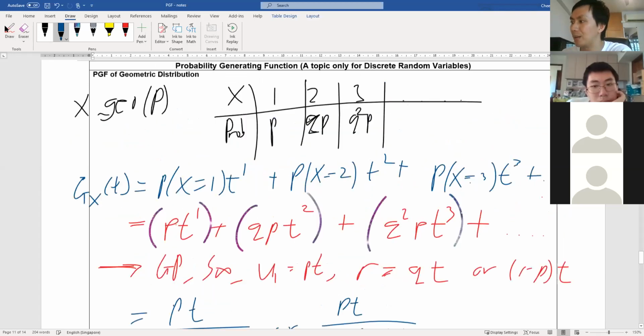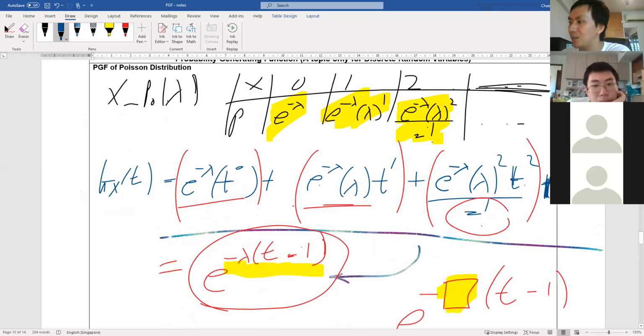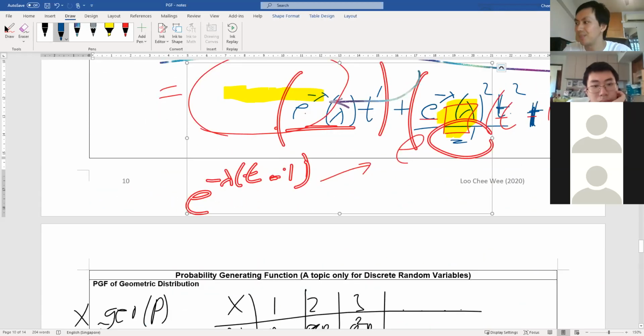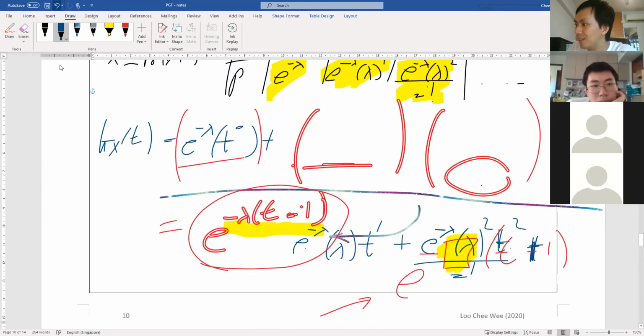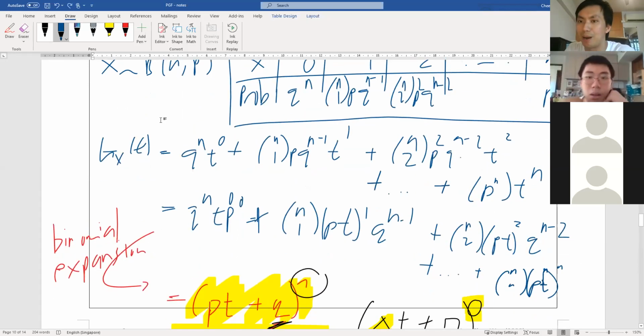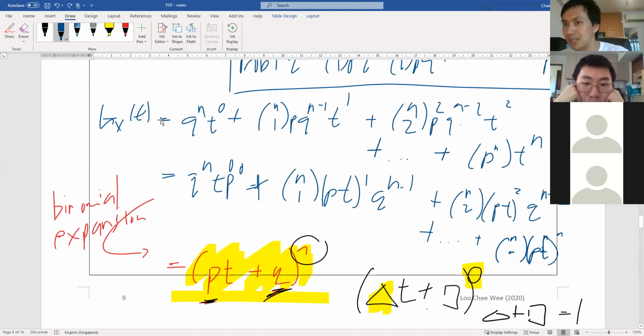The binomial and Poisson, you will see that binomial is a bit hardcore, in the sense that you need to recognize the binomial expansion, which is set as an exam question occasionally based on the IB past year papers, because you need to see the trick involved.